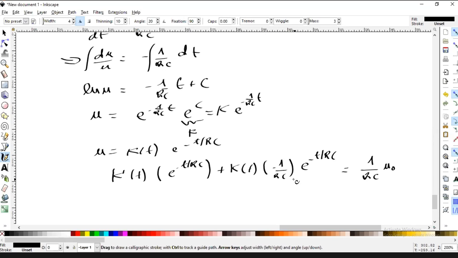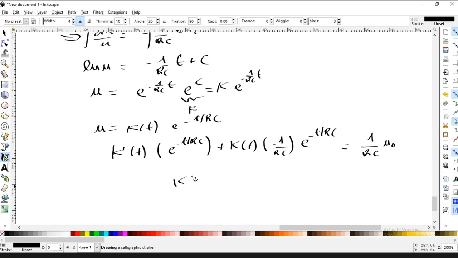So what we get is k prime plus k over RC equals 1 over RC u0 exponential t over RC.